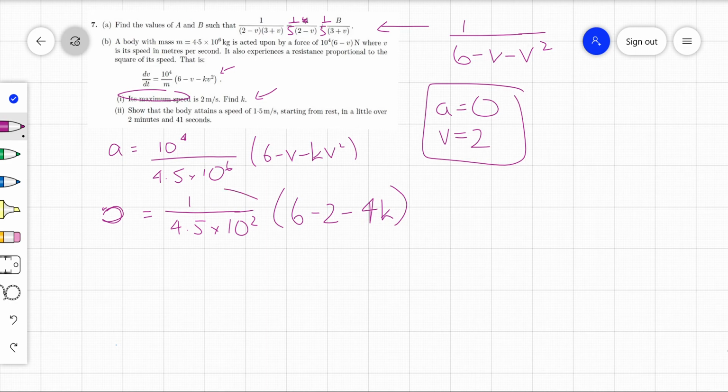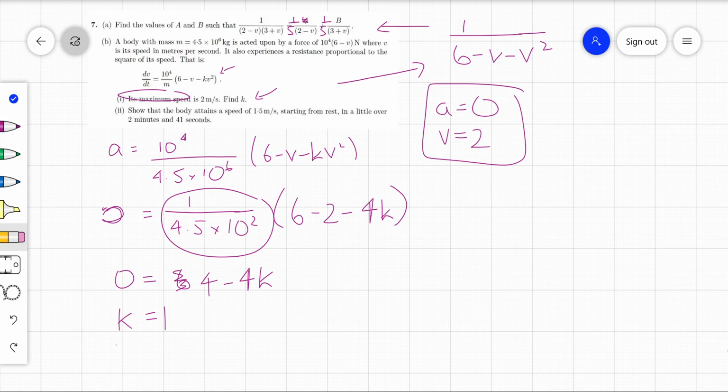All right, so it actually doesn't matter what this is because we can just times it across to the other side and it's 0. So we know that in order for this to be 0, 6 minus 2 is 4. 4 minus 4k has to equal 0. Therefore, k equals 1, which is what we're expecting because now it matches that fraction there, the denominator there. Okay, hopefully that makes sense.